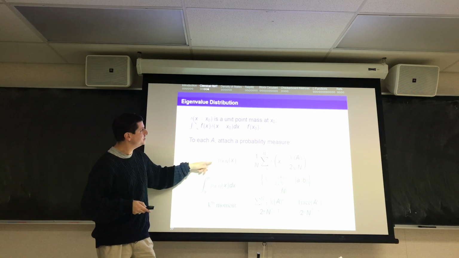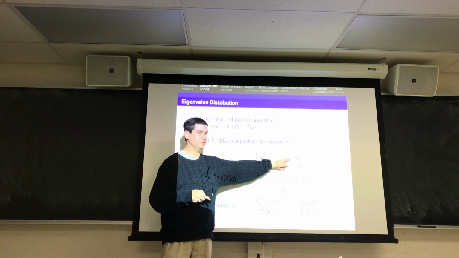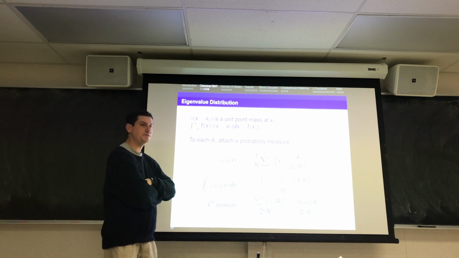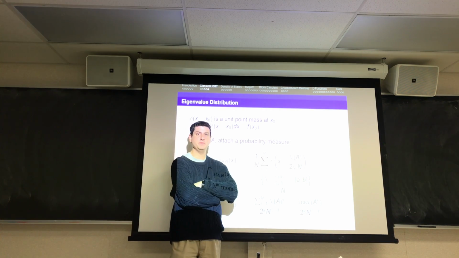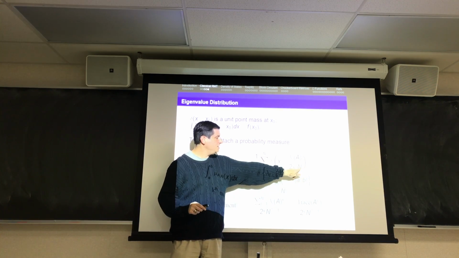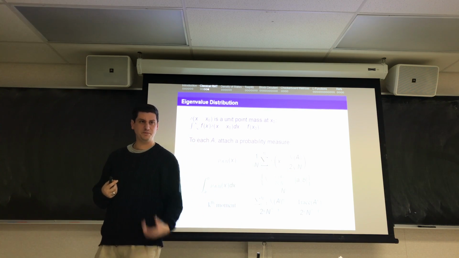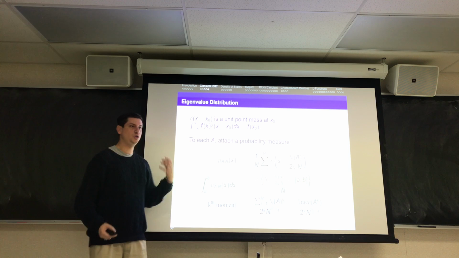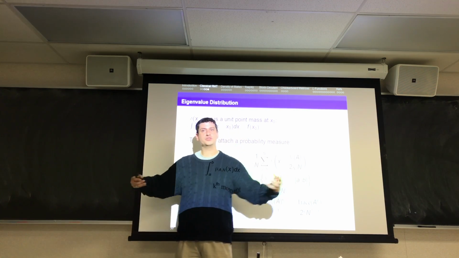So to each A, we can attach a probability measure. And so what we'll do is we'll take our eigenvalues, and it turns out it's convenient to divide them by 2 square roots of n. By dividing by 2 square roots of n, we're going to have something that will have a nice limit as n goes to infinity. The root n is the important part. The 2 is just so I can say circle rather than ellipse later. That's not as important. But you want to understand the behavior of your system as your parameters grow.